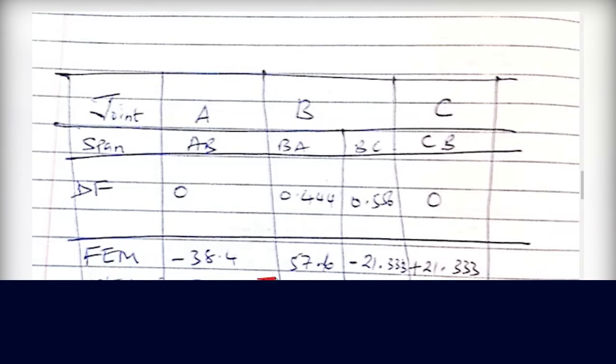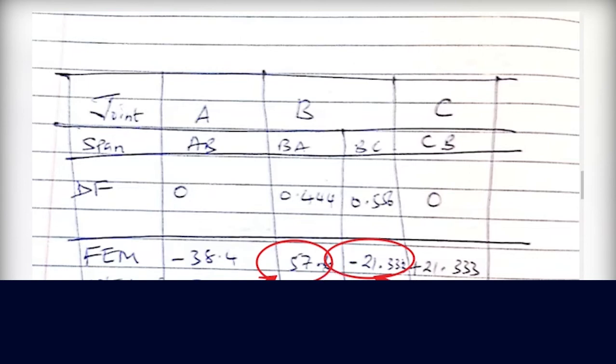If you add this one and also this one, the summation of 57.6 plus negative 21.6, you shall get the excess value.